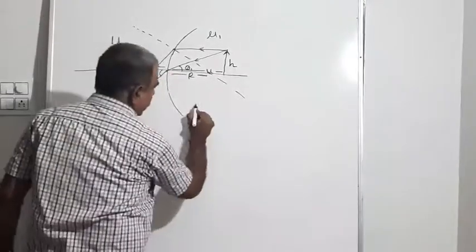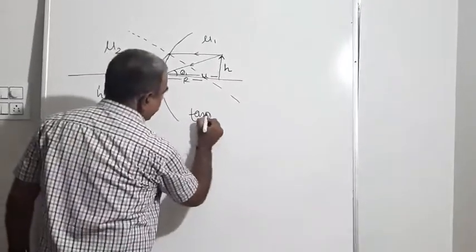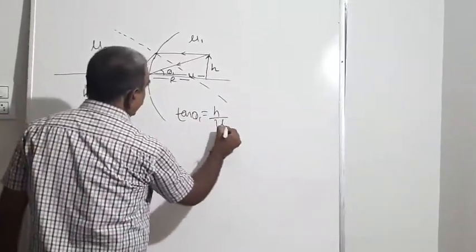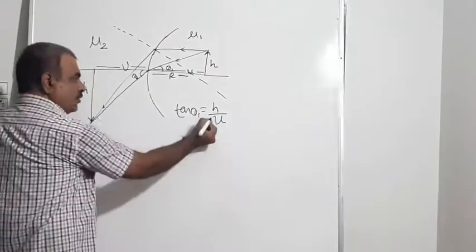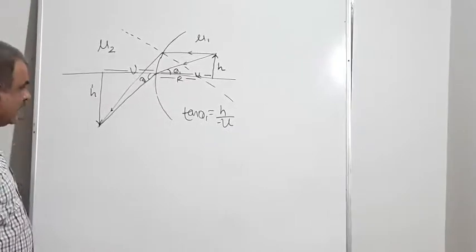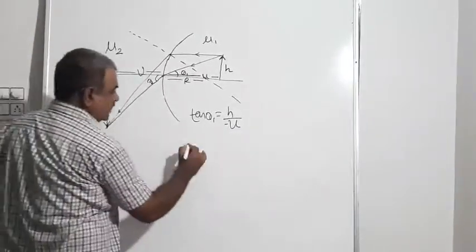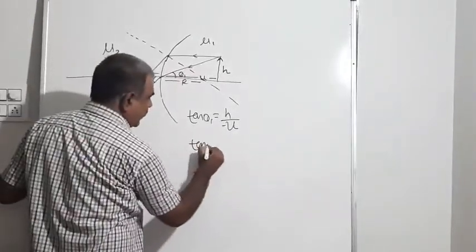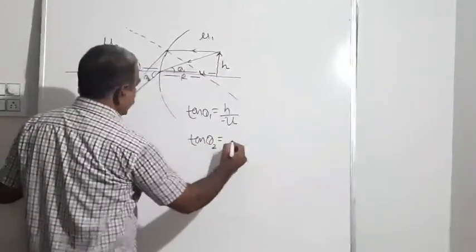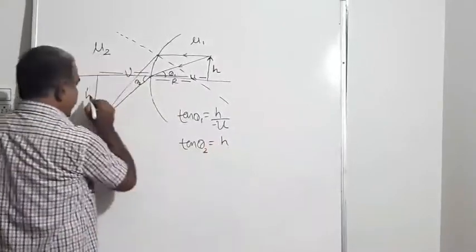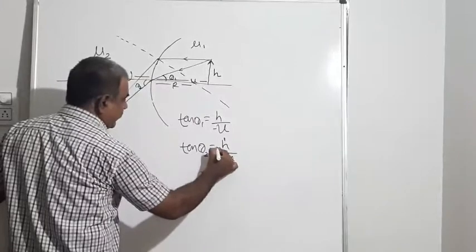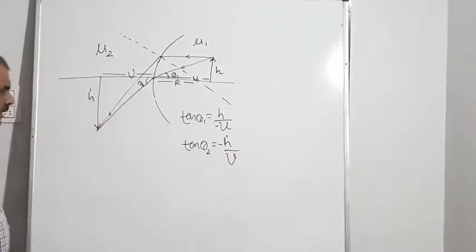So from this figure, can you say that tan theta 1 will be equal to h by u? If I follow the sign convention, it will be minus u, opposite to the direction of the incident ray. Same way in this triangle, tan theta 2 will be equal to h dash by v, but again sign convention, below the principal axis, so negative.